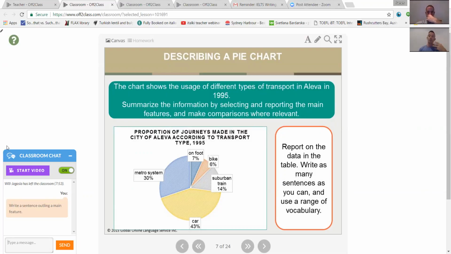Once you've got them onto the main features, where possible, you will need them to start making comparisons. And when I mentioned the language that you should teach or make sure the student knows, the language of comparison is extremely, in fact, it's vital to answering part one in the writing exam.